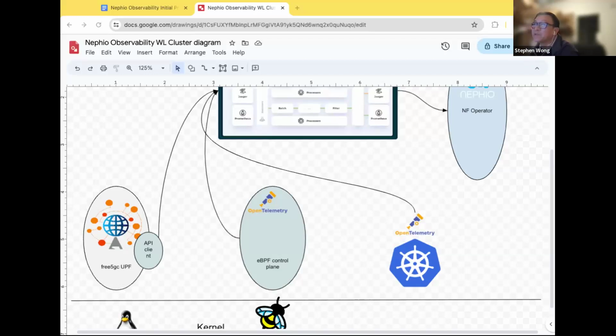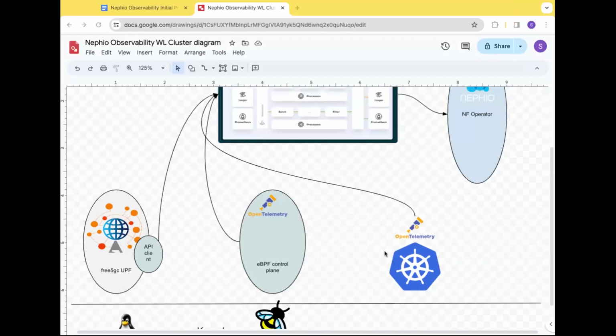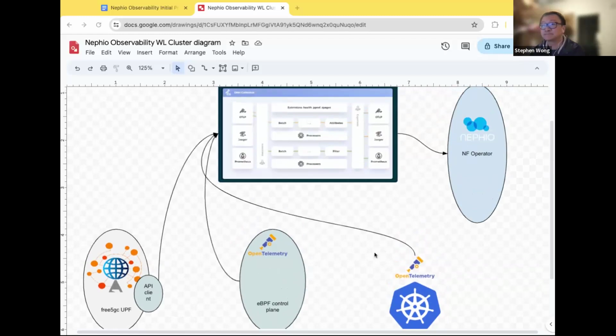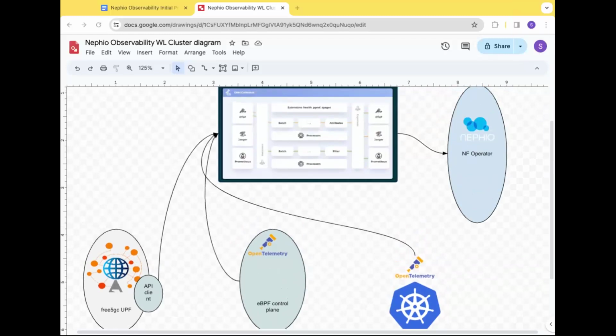So they may not have to be the one that subscribes to the visibility data. Let's take a concrete use case. Let's say I deploy an NF, right? And let's say the management system says, okay, you want to start up with one replica.